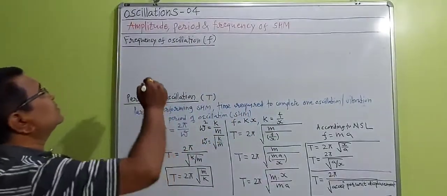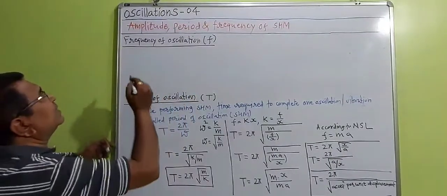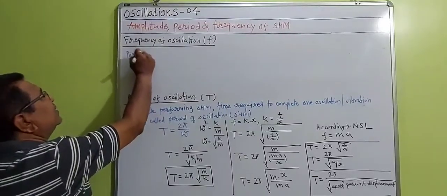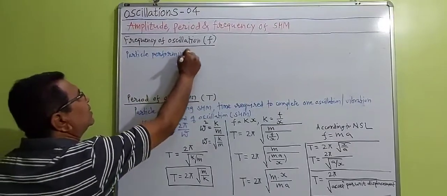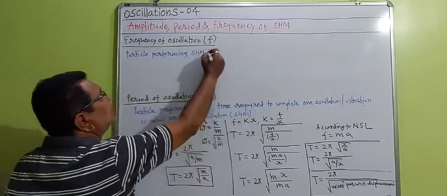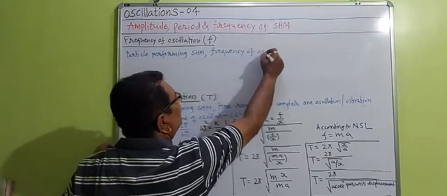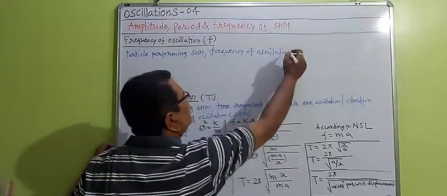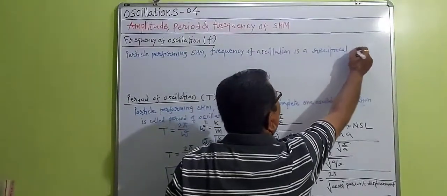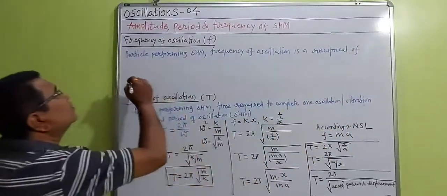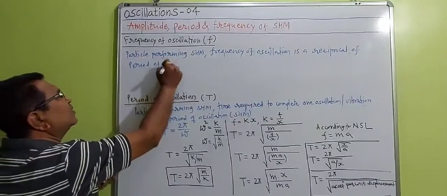So we can write here: for a particle performing SHM, the frequency of oscillation is the reciprocal of the period of SHM.